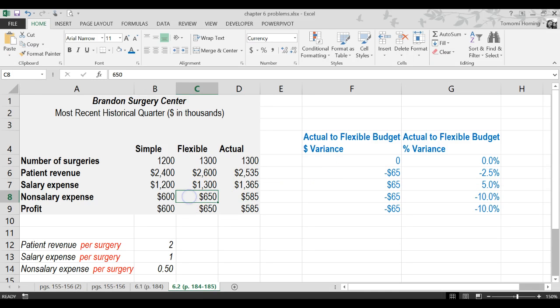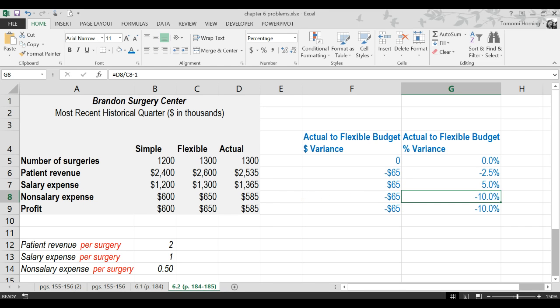For our non-salary expense, you can see we actually expensed $585,000 when we had projected to spend $650,000. So this is a favorable $65,000 variance because it's an expense line and we came under what we had budgeted, and this was 10% less than budget. So this is a 10% favorable performance indicator when we're talking about non-salary expense.